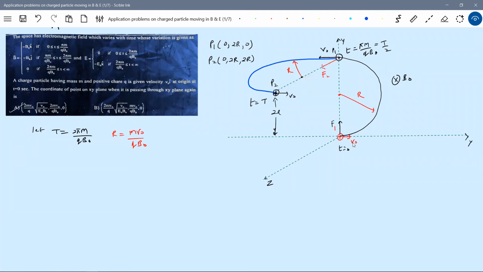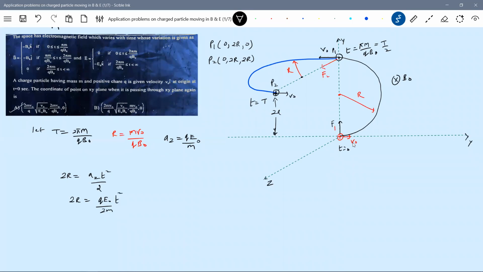Time is being asked. I'll just put the equation: 2r is equal to a z t squared by 2. What is a z? a z is equal to q E naught by m, so a z equal to q E naught by 2m.